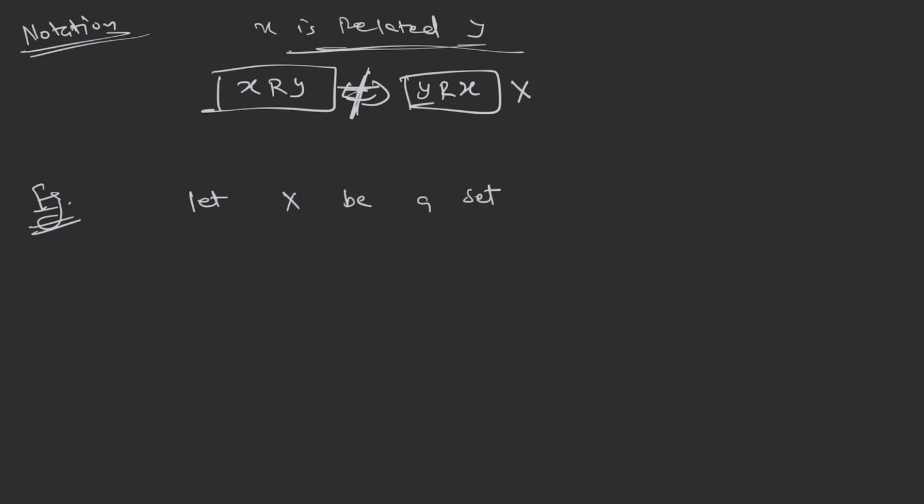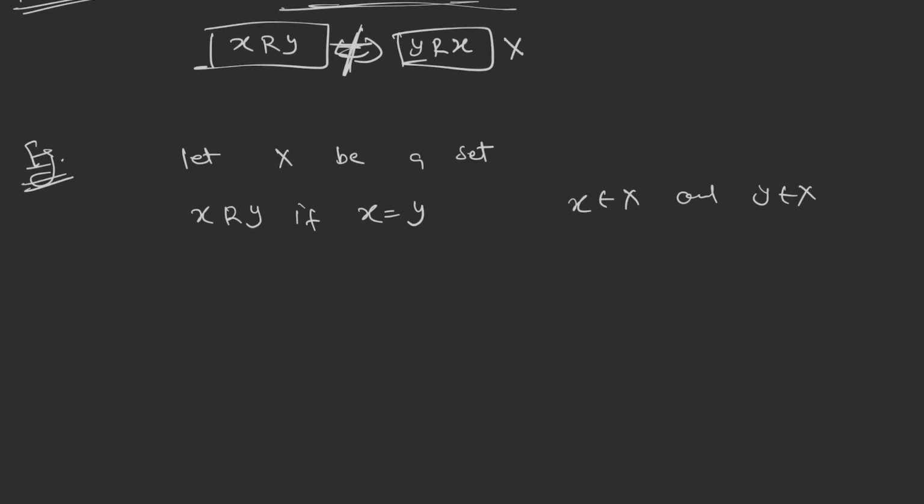Okay. And I want to define relation x related to y if x is equal to y. Okay. And x belongs to X and y also belongs to X. So you can see here that R will be a subset of X cross X. I have to write carefully X cross X. Why?